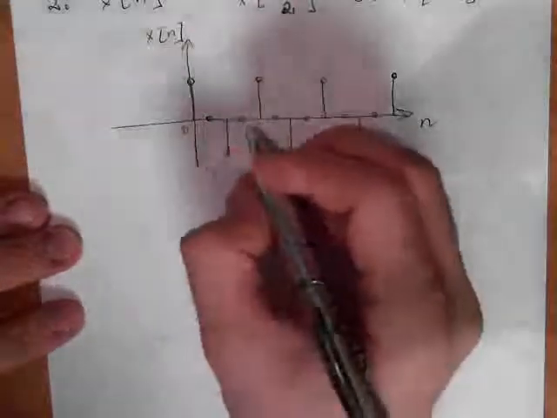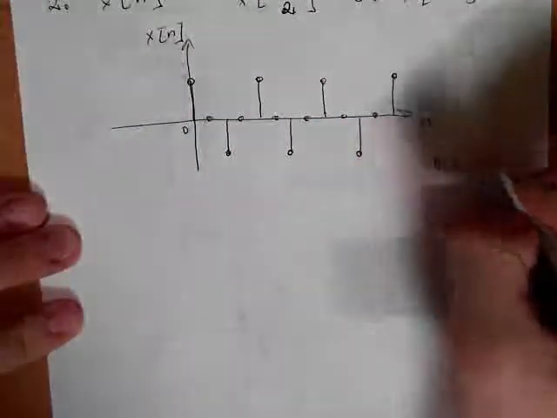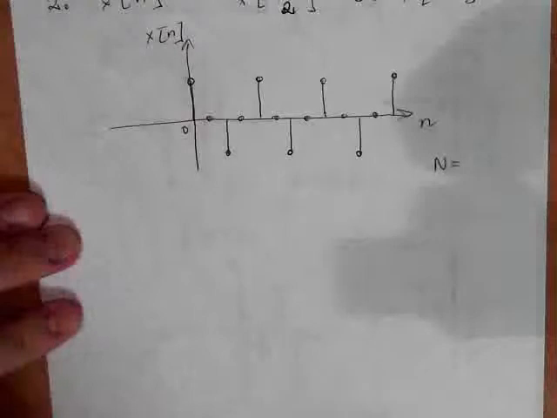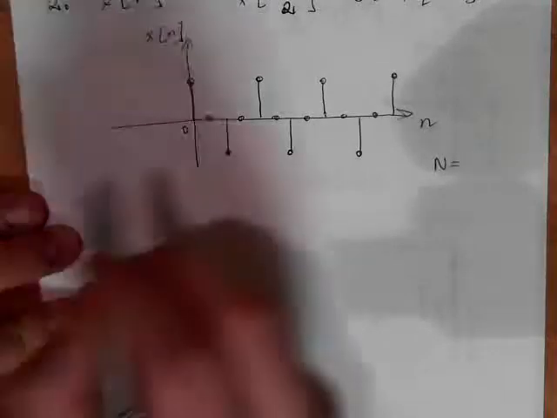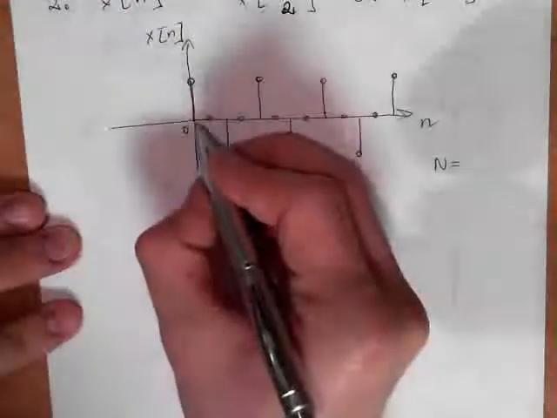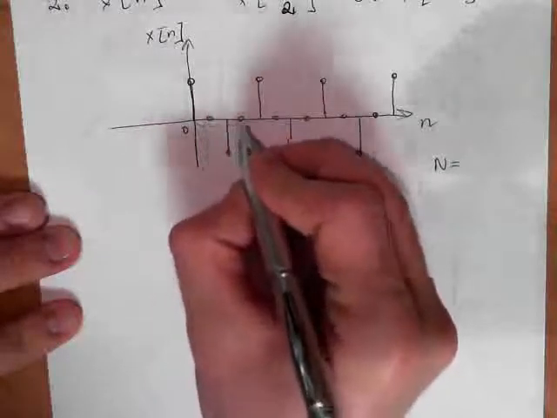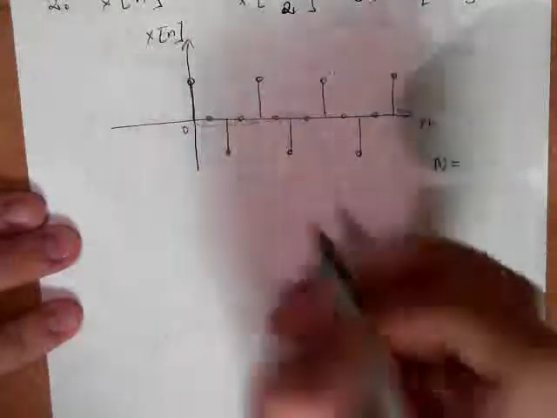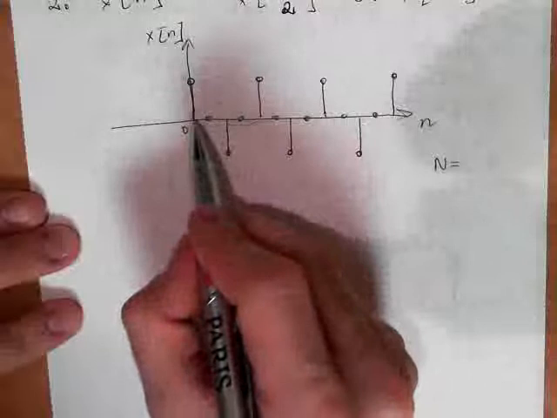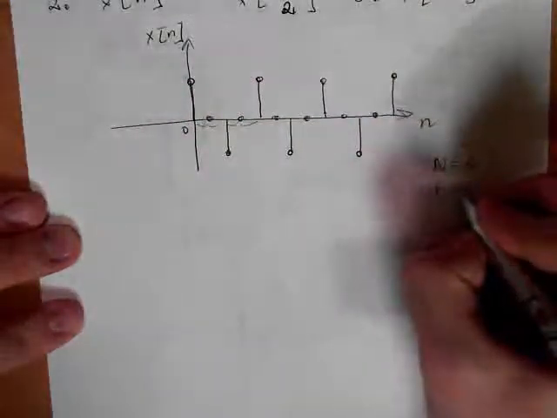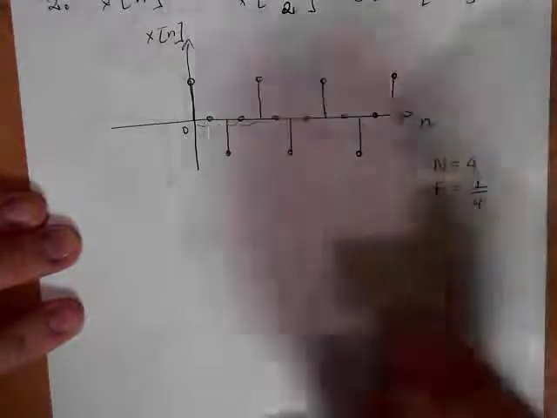So what is the frequency of this signal? Period N. We calculate the gaps: 1, 2, 3, 4. So from the repeating maximum value, we have N is 4, f is equal to 1 divided by 4.